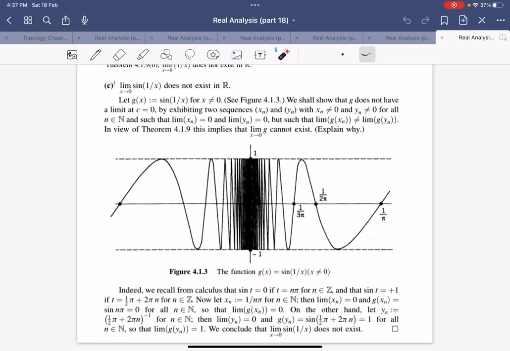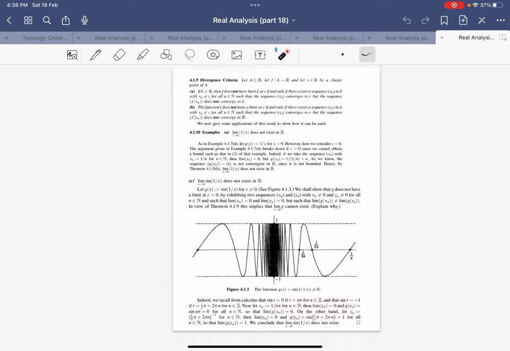So the limit of this image sequence is 0. But now take another sequence that converges to 0, which is y_n equals the reciprocal of half pi plus 2 pi n. Then y_n approaches 0, but g of y_n approaches 1. And so the limit of sine 1 over x as x approaches 0 does not exist.